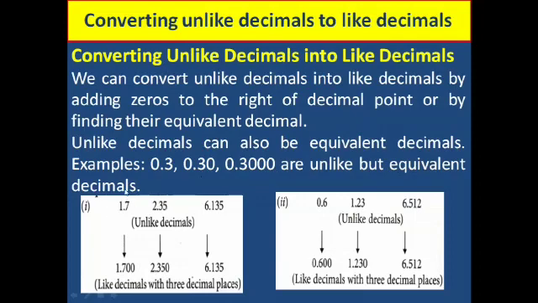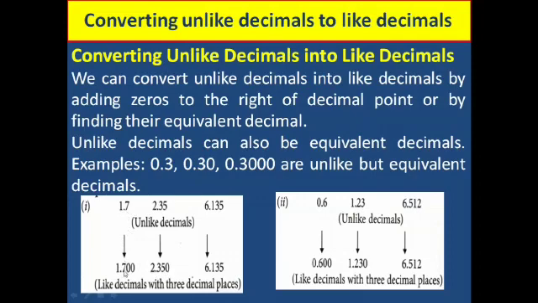Look here, with the help of an example, it will be more clear to you. 1.7, 2.35, and 6.135. These are unlike decimals. To convert them into like decimals, I will see which has the highest number of digits after the decimal: it is 6.135, which has 3 digits after the decimal. So I will make 3 digits after the decimal for the others too.